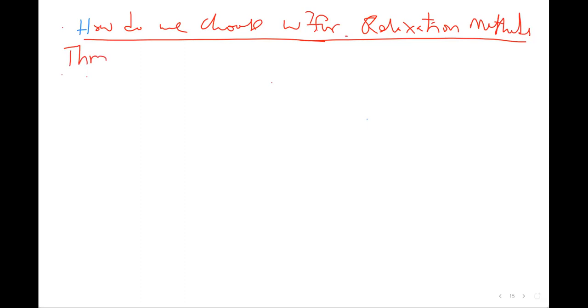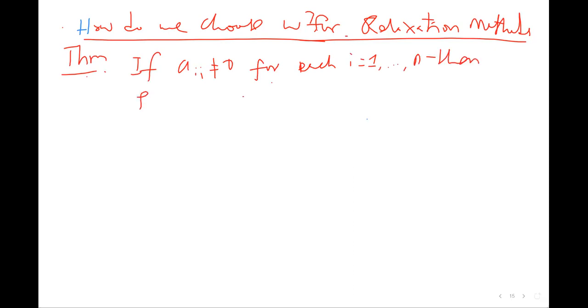So, theorem: if the diagonal is not zero for each i, then the spectral radius is greater than or equal to the absolute value of omega minus 1.